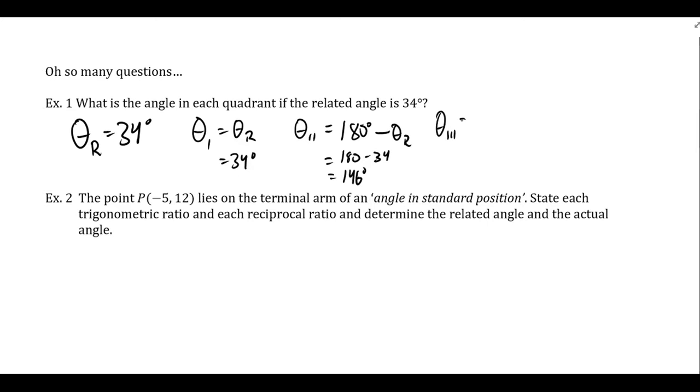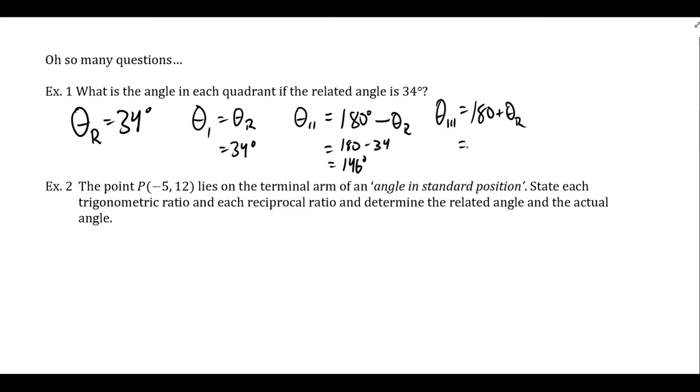Theta in quadrant 3 is 180 plus theta related. So we don't go to 270. We always, like everything's from the x-axis, right? Remember that. Everything to do with theta related is from the x-axis. So that's 180 plus 46, which is 226 degrees. Oh, 16. No.